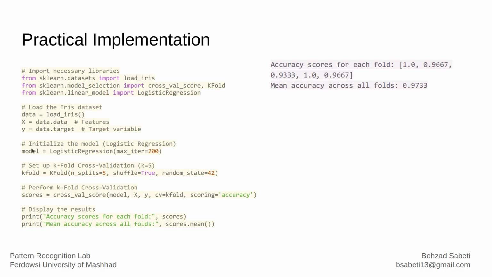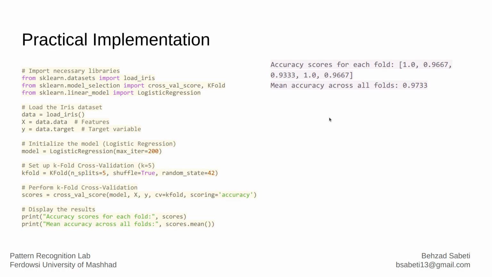As you can see, here's our model, and our maximum iteration for our logistic regression is 200, and the k is 5 for our cross-validation. And finally, we perform cross-validation and display the accuracy scores for each fold, as well as the mean accuracy.